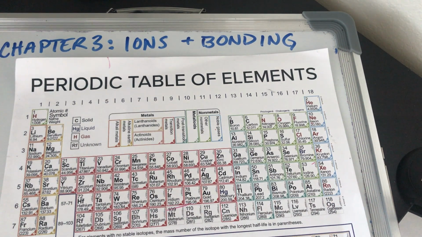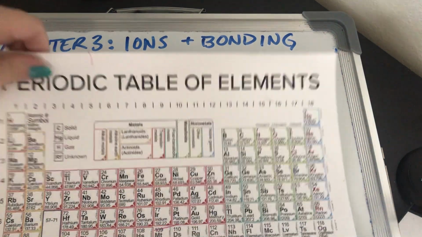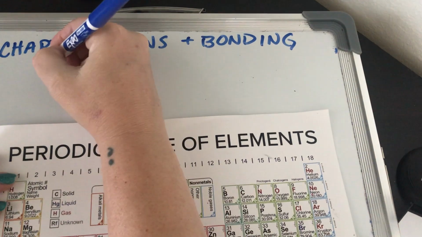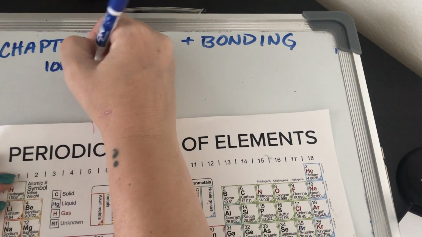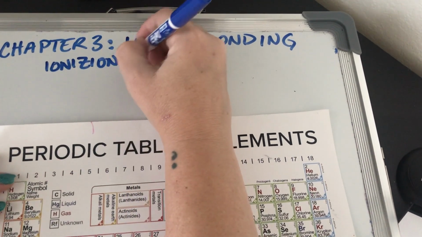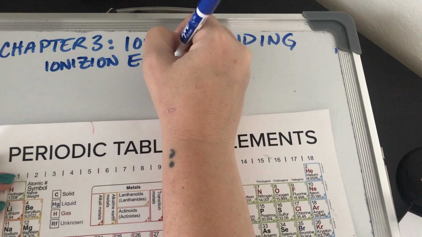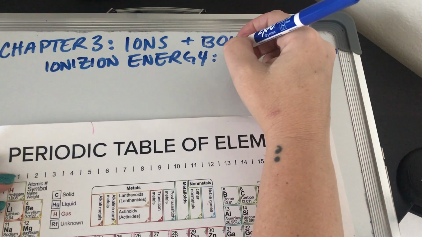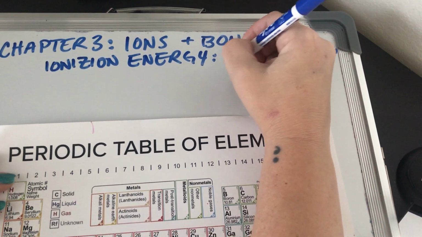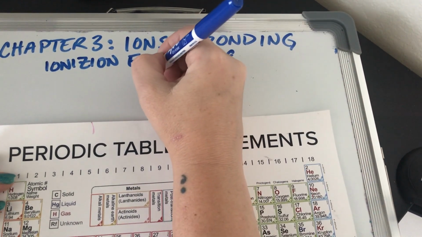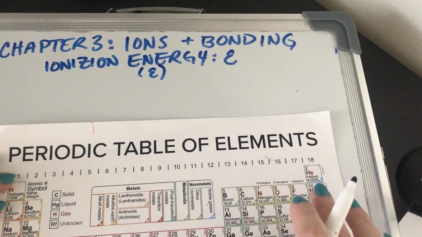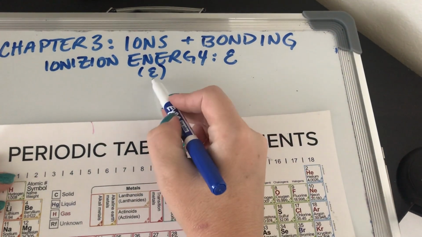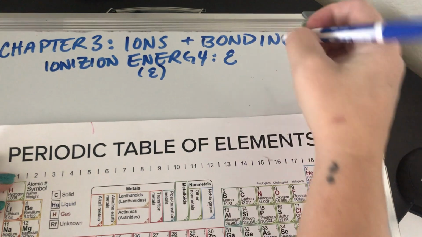So when we talk about the ability to lose an electron, we're talking about the ionization energy, which is essentially the energetic, I'm going to abbreviate energy from now on because I don't want to write the whole word and I'm lazy.